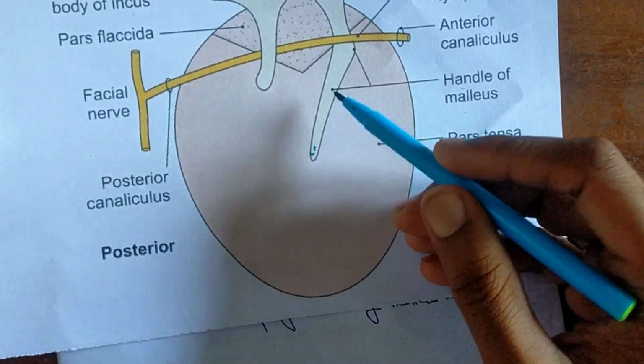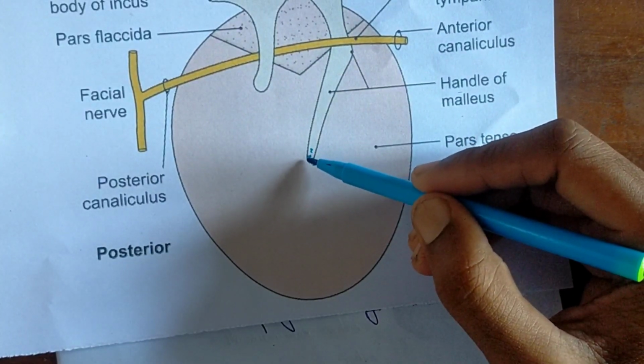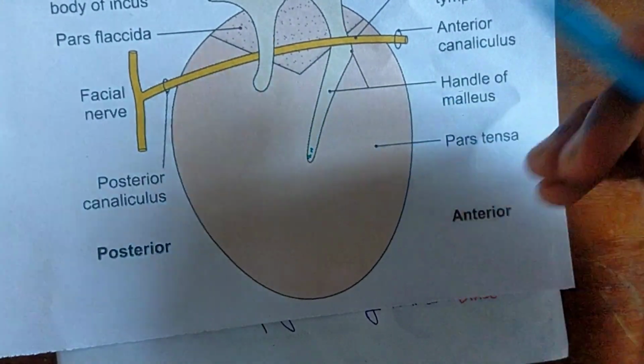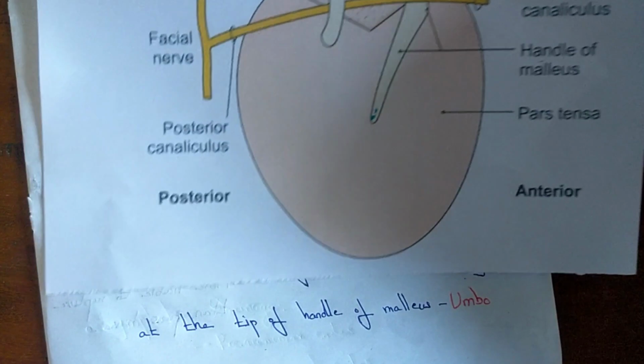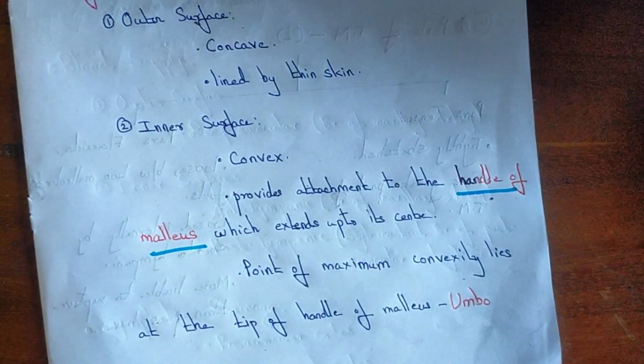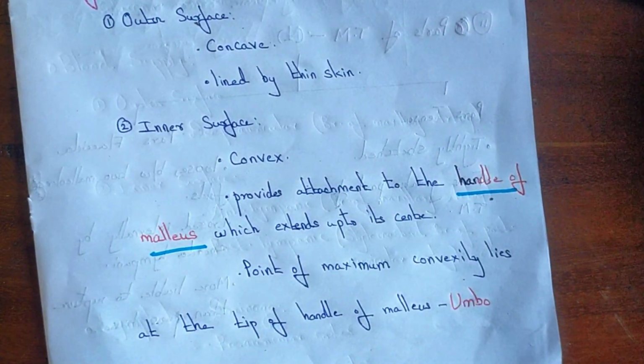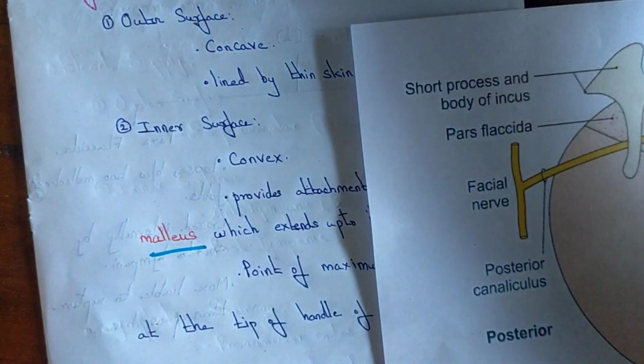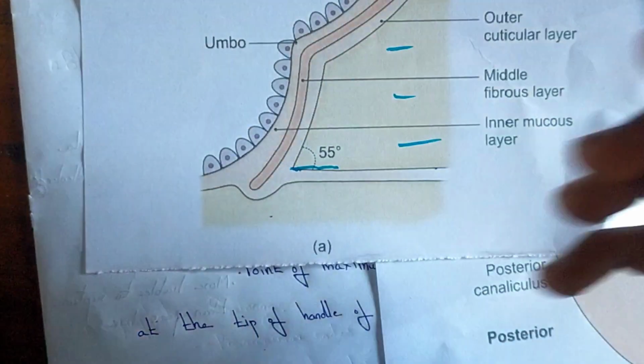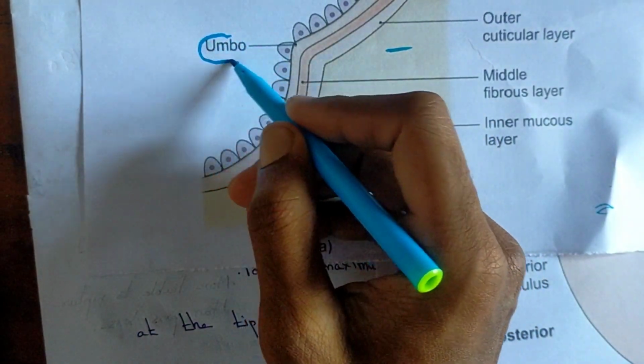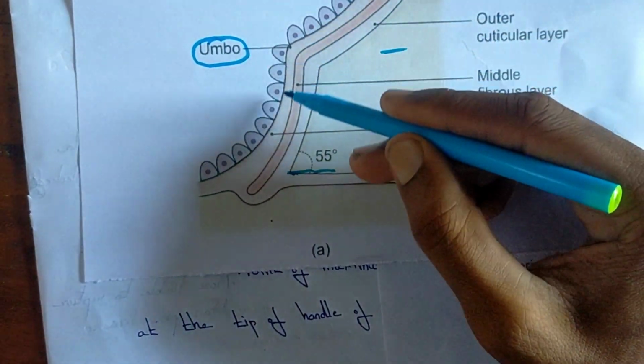It has the handle of malleus here and it extends up to its center. The point of maximum convexity is called the umbo. I have shown this in the previous picture, and this is the umbo region, the point of maximum convexity.